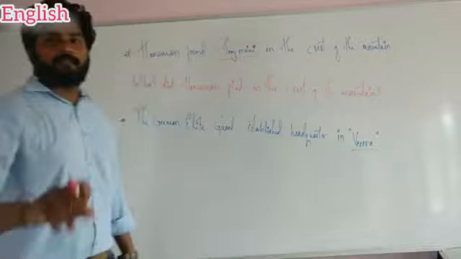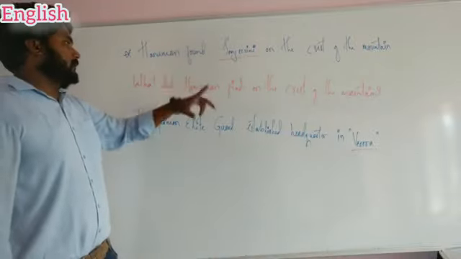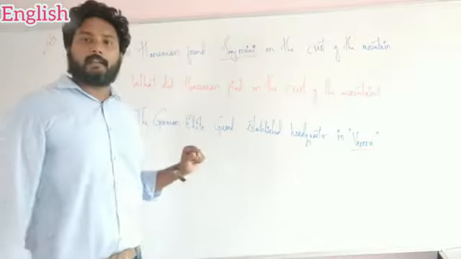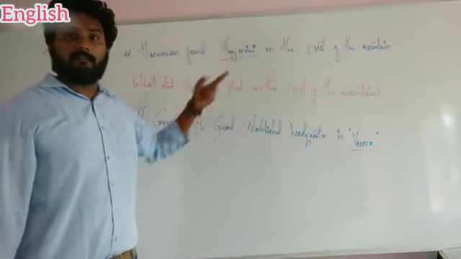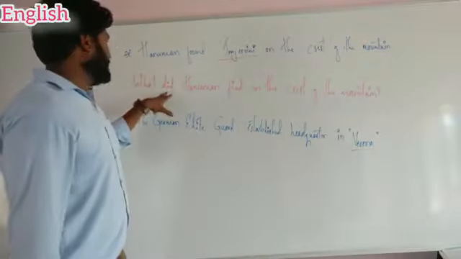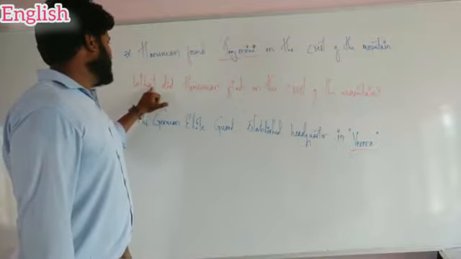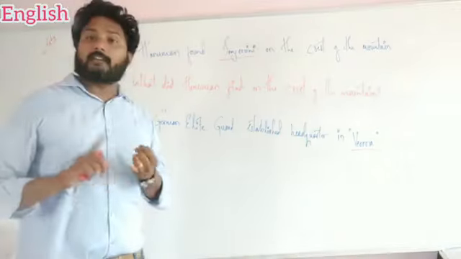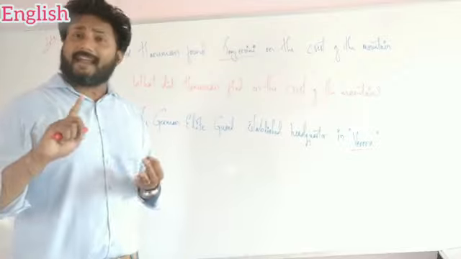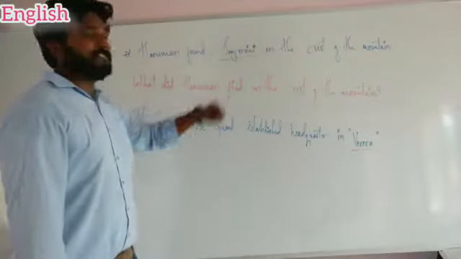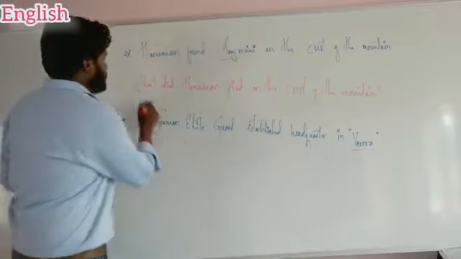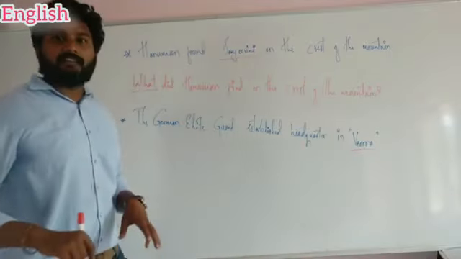Here, found is the first form of the verb find. Because the sentence is in the past, we should use the auxiliary did. And where there is an object, idea, or action, the word what should be used. Here Sanjeevani is the object, that's why I use what. This is how to solve.